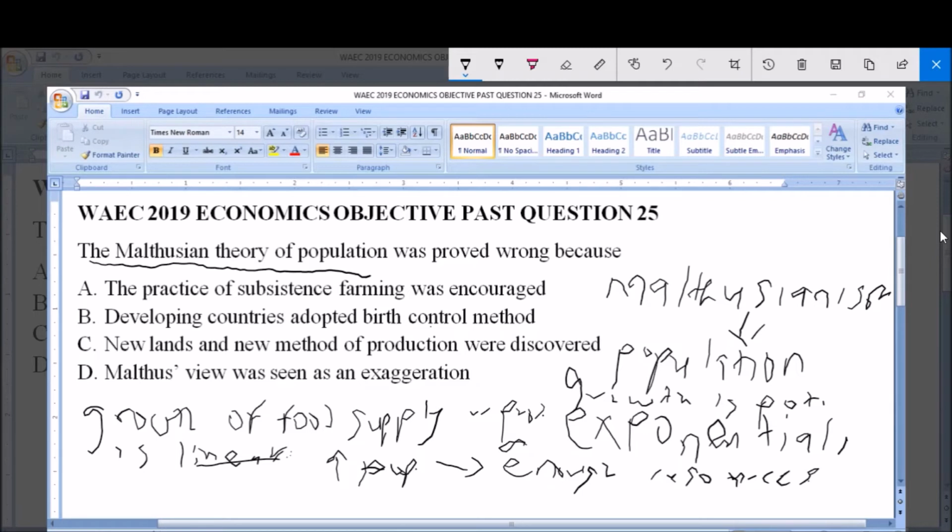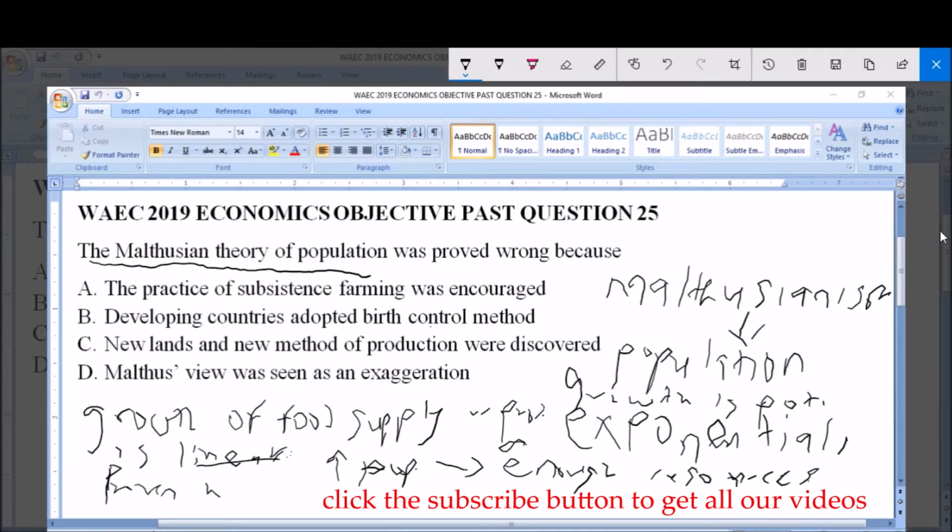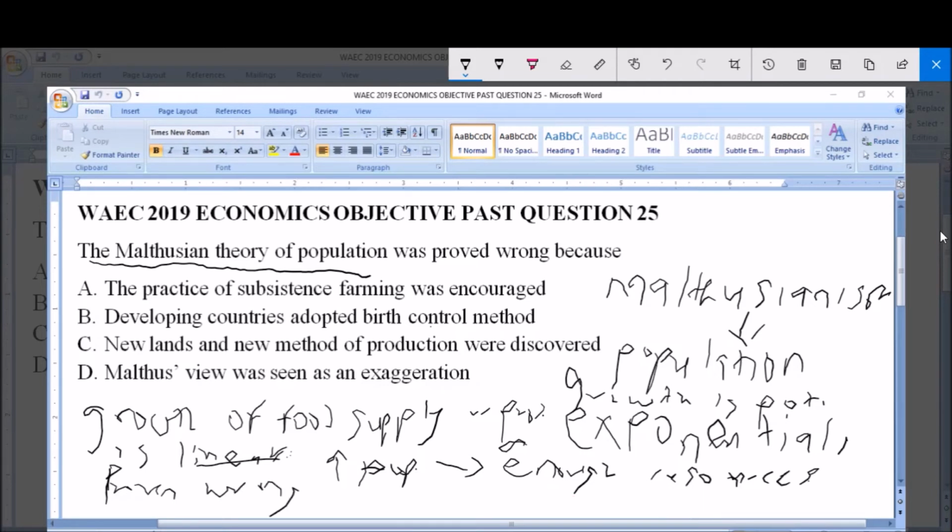Now, this theory was basically proven wrong by a decline in birth rate. This decline in birth rate in most developing countries was largely due to the advent of birth control.